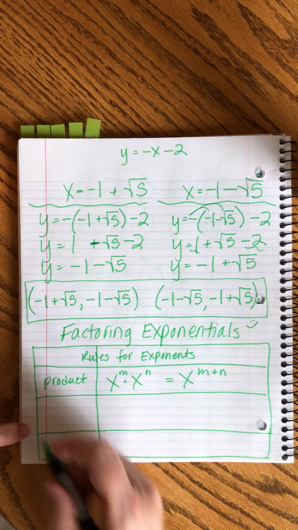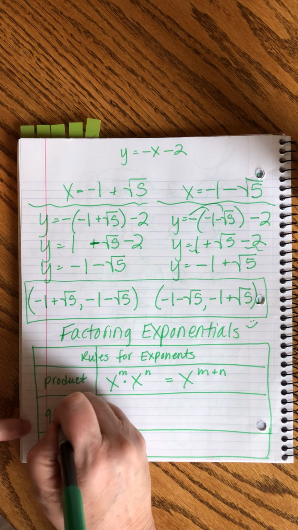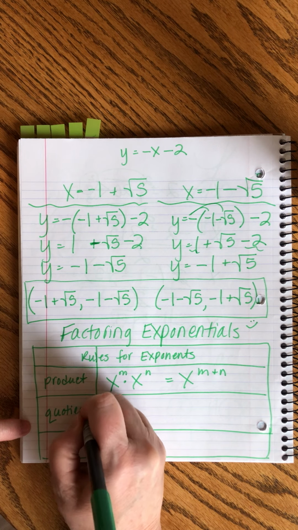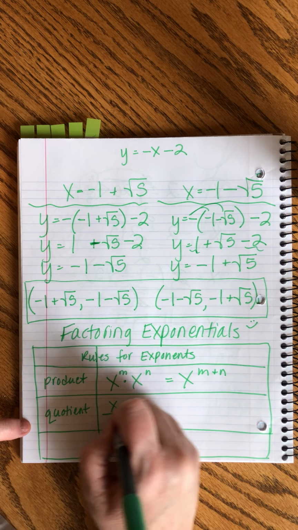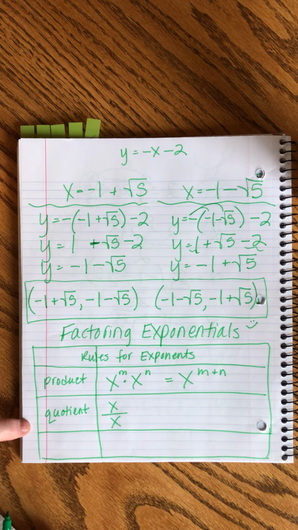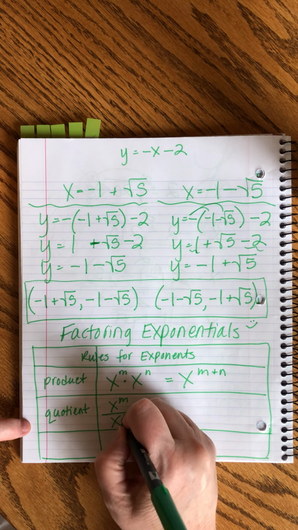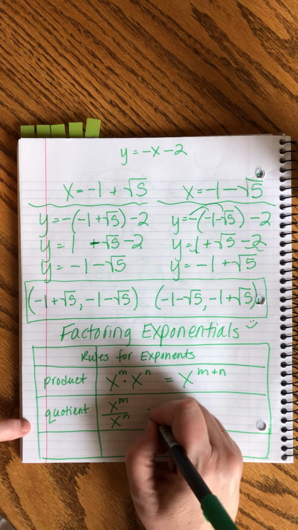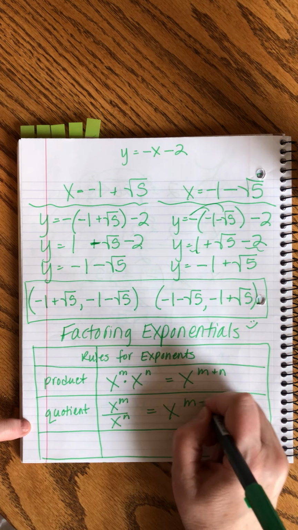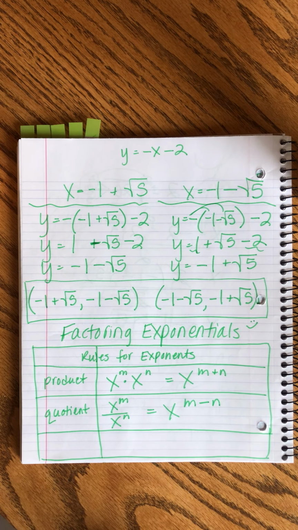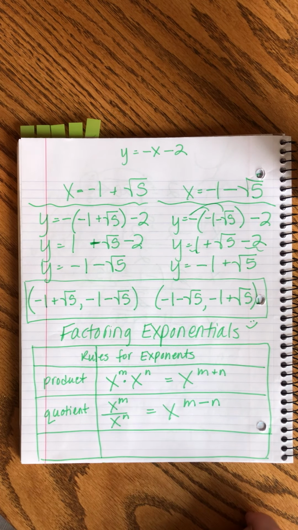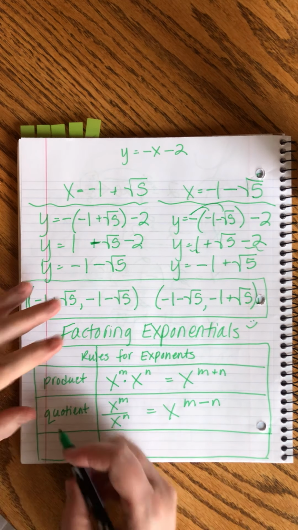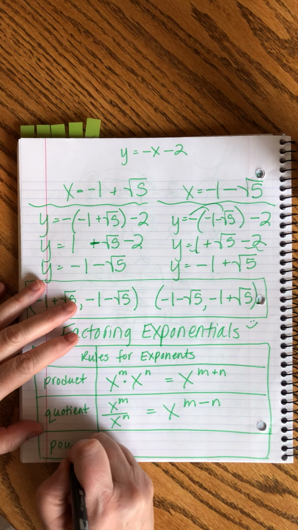Right? The next one's called the quotient rule. Quotient, that sounds like division, doesn't it? And that's what it is. If we're dividing two bases that match and they each have an exponent, we can simplify by subtracting. Subtract bottom from top.